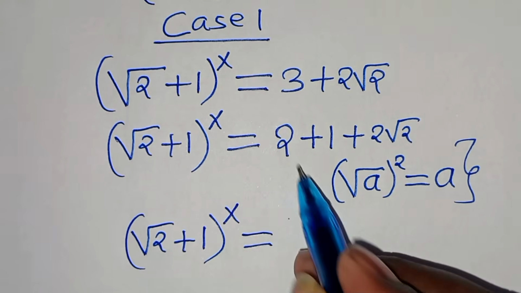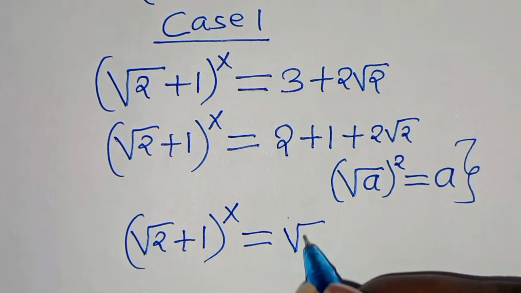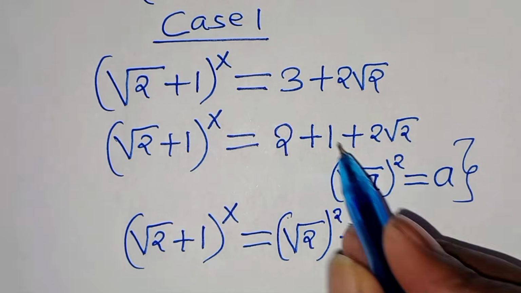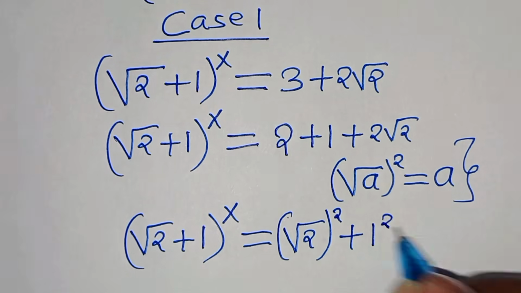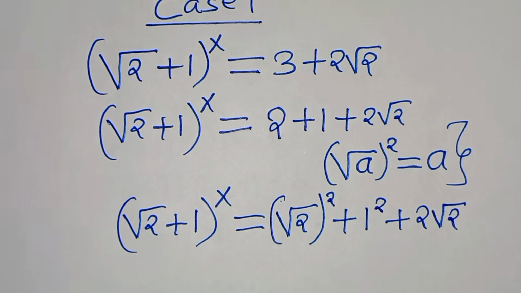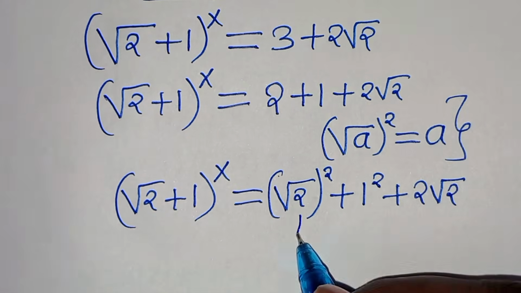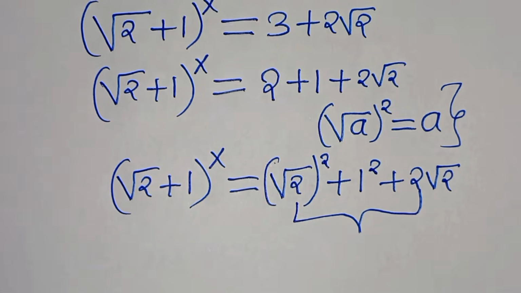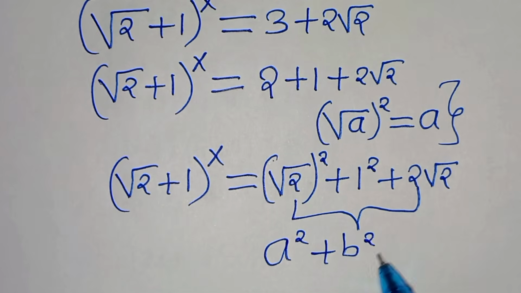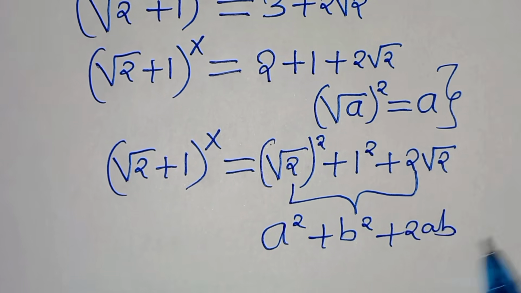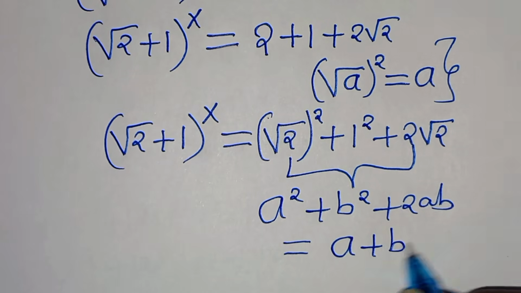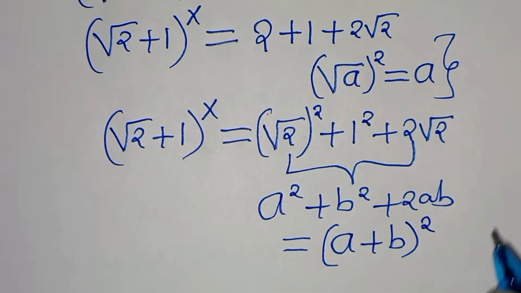Applying this property, this implies that square root of 2 plus 1 raised to the power of x is equal to, we can express 2 as square root of 2 raised to the power of 2, then plus 1 raised to the power of 2, then plus 2 multiplied by square root of 2. Now, this particular part here is in the form of a squared plus b squared plus 2ab, which we can express as a plus b raised to the power of 2.